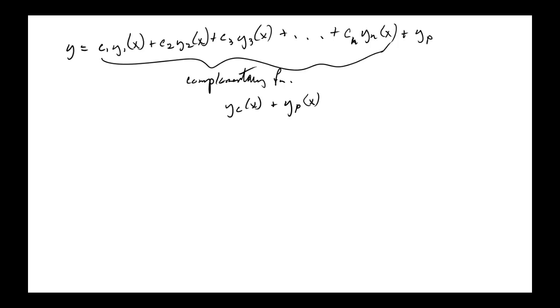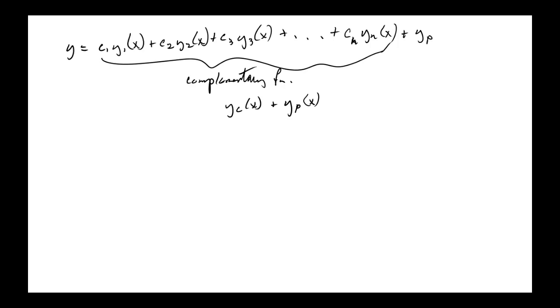So this is the bottom line of what we just did. When you have the non-homogeneous case, a little bit of background. You know what the nth order linear differential equation looks like.